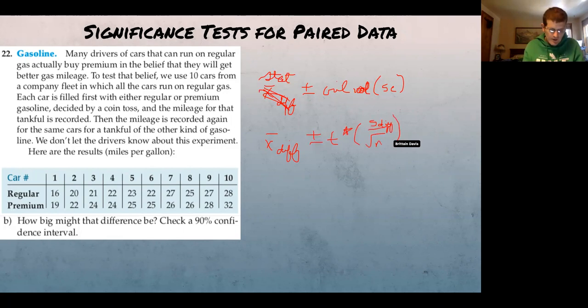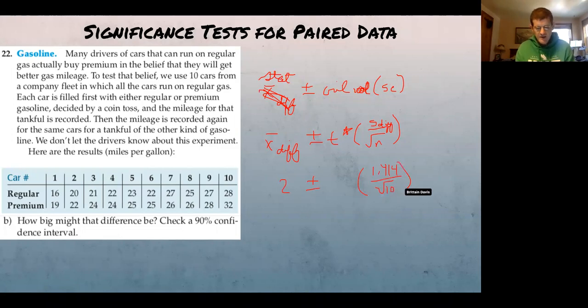Knowing these numbers already, this is maybe where we can see the benefit of a confidence interval versus a significance test. I just proved that there is a difference between regular and premium gas as far as miles per gallon go. But how much might we expect to get improvement? So x bar sub diff is going to be 2 plus or minus, my s sub diff is 1.414 divided by the square root of 10.